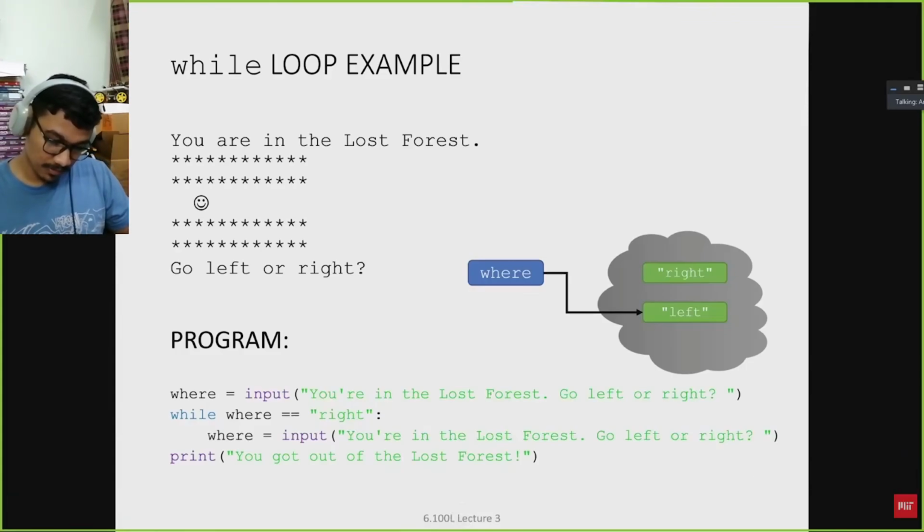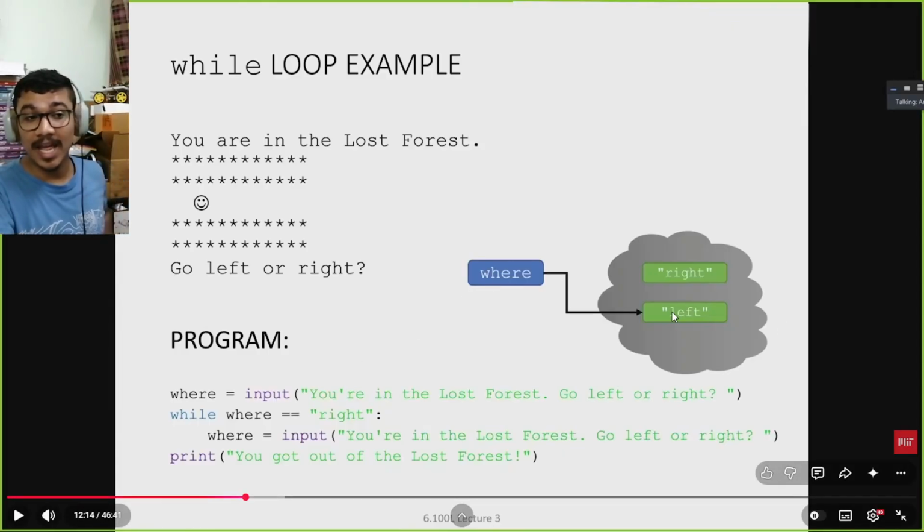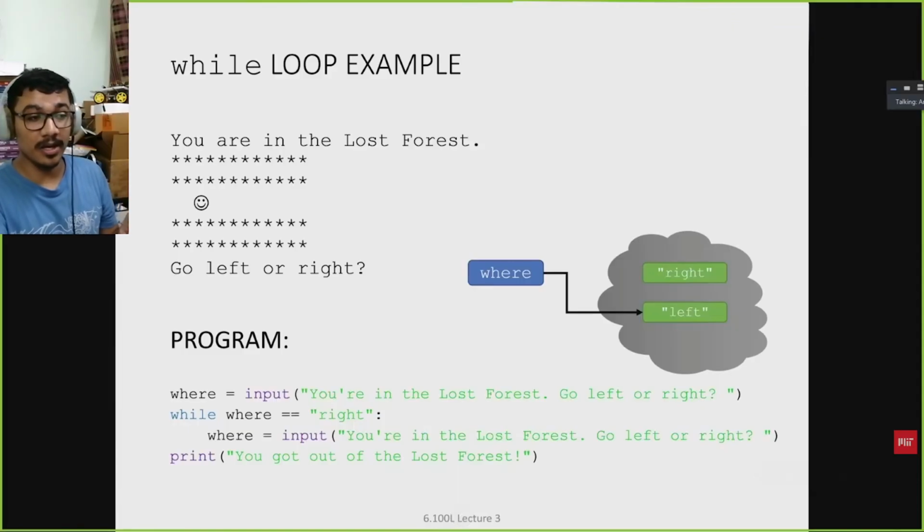So the term left, L-E-F-T, would be bound to the variable where. And when the loop checks the condition, whether the variable where is equal to right or not, that would give me a false statement.